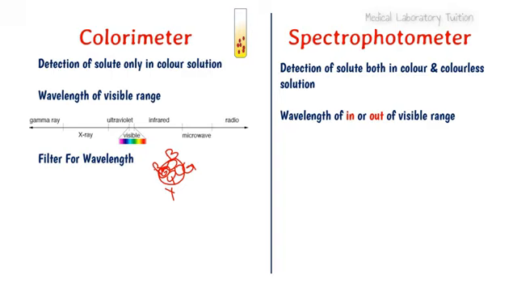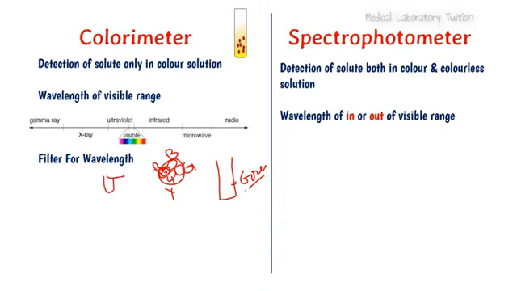Now every solution has its own color. Suppose we have a green solution due to adding a reagent; in the case of urea we add a reagent that creates a green color. It has already been described by scientists that a green color absorbs maximum light at the red filter. So in this case we use the red filter.